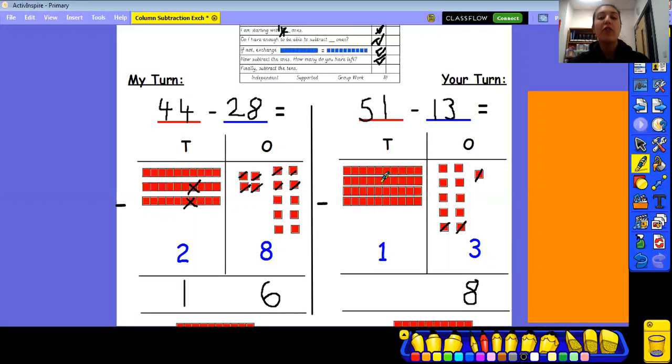I've now got 4 10s instead. So 4 10s subtract one of those 10s leaves me with 3 10s. So the answer to 51 subtract 13 is 38. Well done if you got that one right.